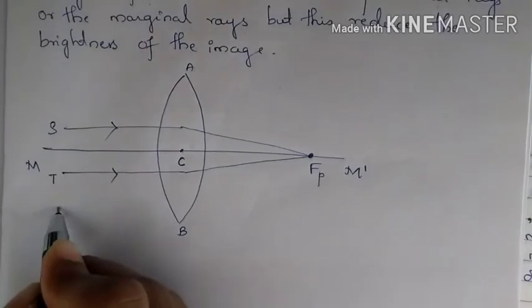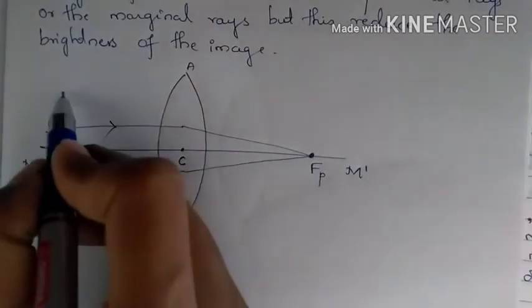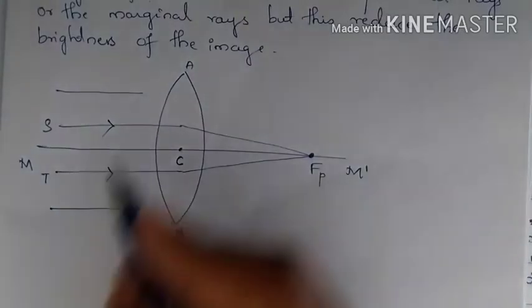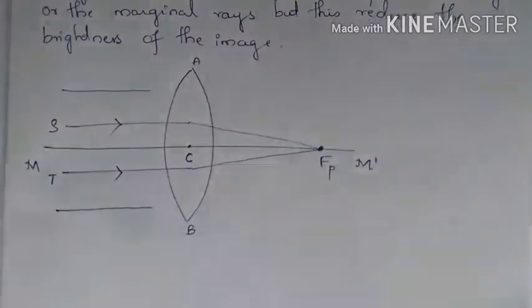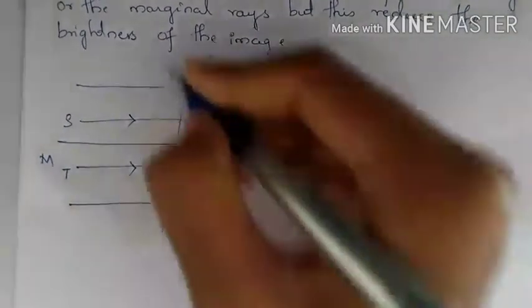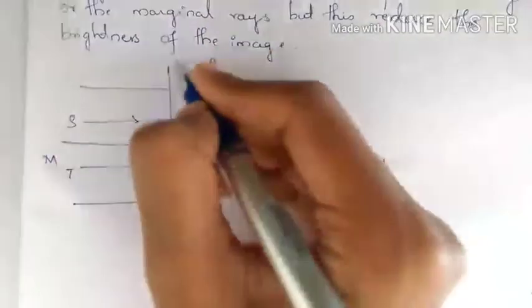Now here again you would be sending the marginal rays. In order not to send these marginal rays, you need to use the stoppers. So these are the stoppers.